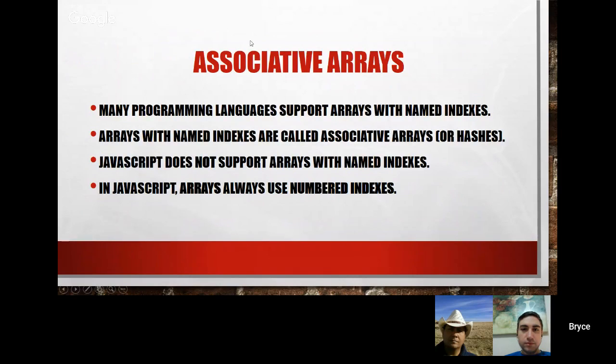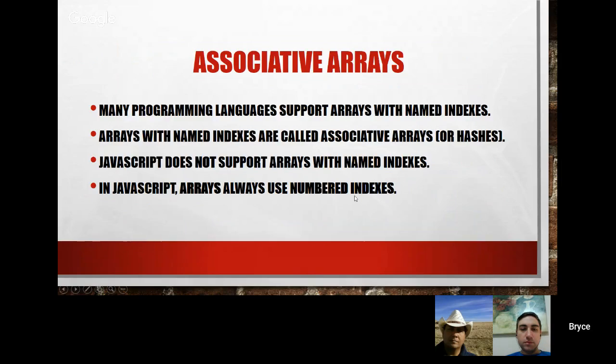Are they still arrays or are they not? In many programming languages, arrays with named indexes are called associative arrays. JavaScript specifically does not support arrays with named indexes, and I'll talk about that in a second. JavaScript arrays always use numbered indexes.